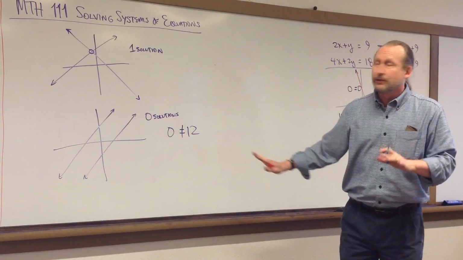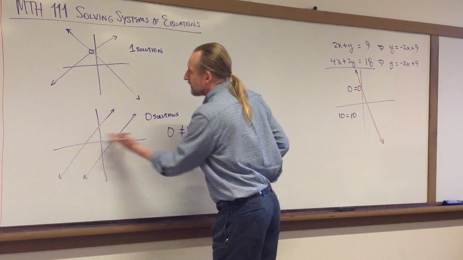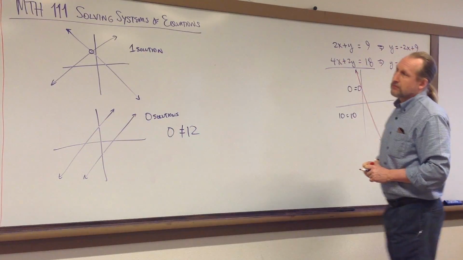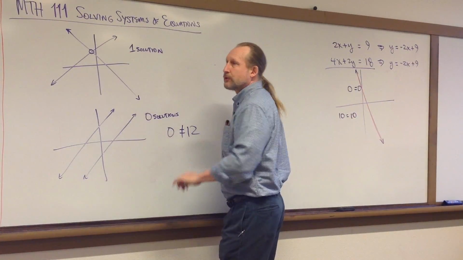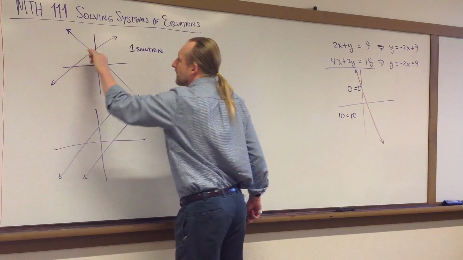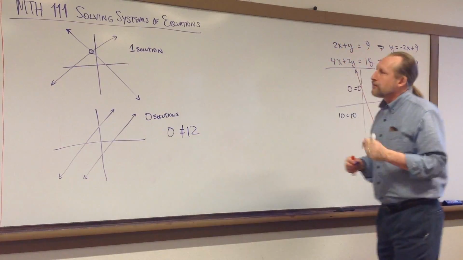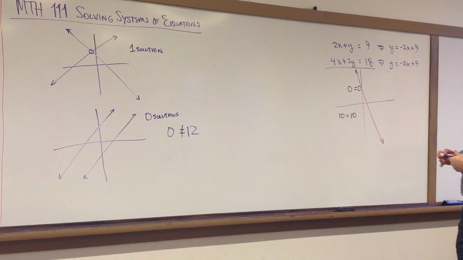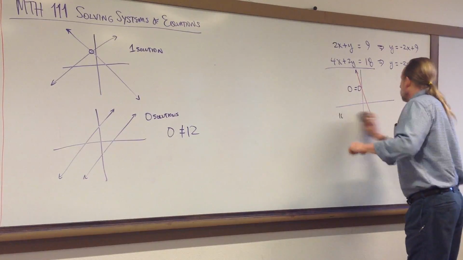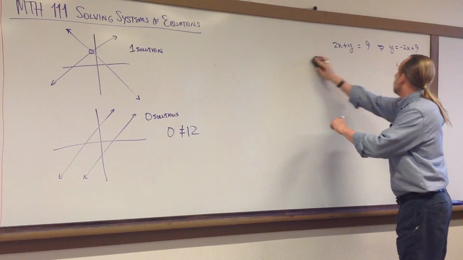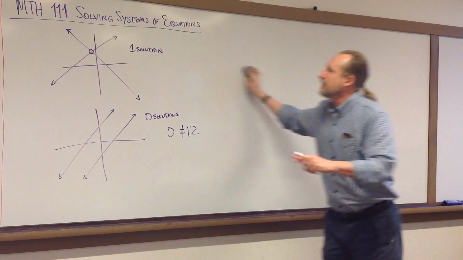That's not true, and there are no values for x and y that will make that true. Most problems that we run across are going to have one solution. They're going to be two different lines that intersect in one place, and you'll have an x and a y for that solution. All right, so let's get back and finish up the problems on that handout.